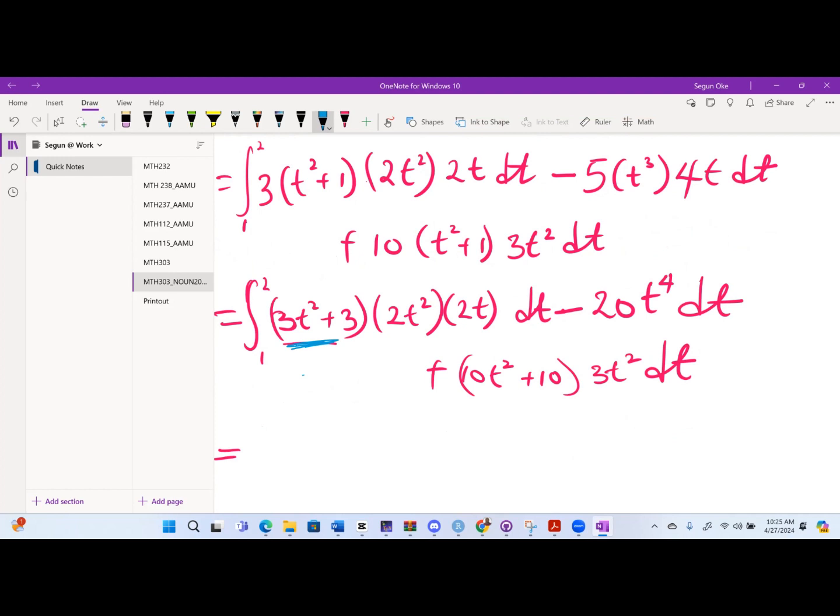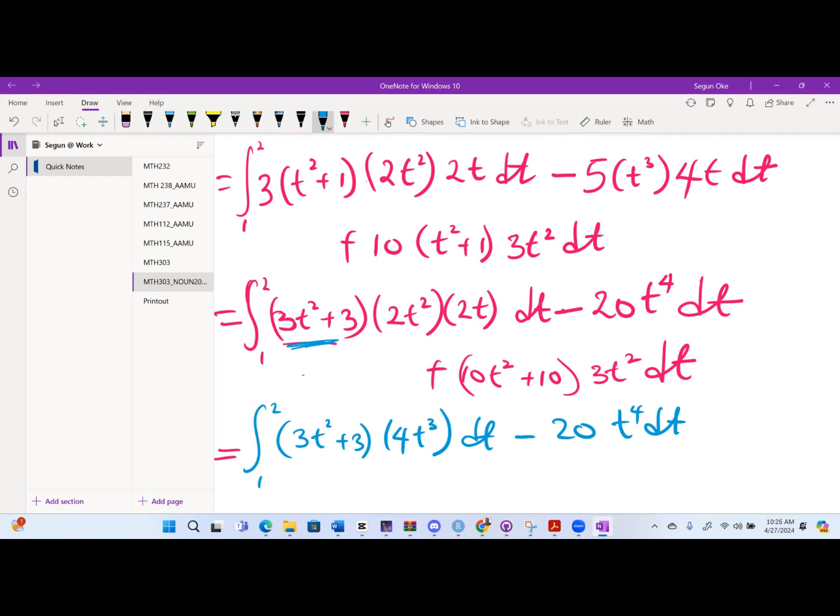Okay, let's do it the way you think. We continue expanding, dt minus 20t. It's still the same thing.